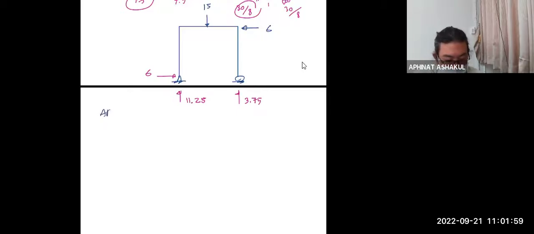Let's focus on AB. And again, let me tell you one more time that when I grade the frame problem, I will grade by the level. That means you need to complete every free body diagram first before you move on to shear force diagram.